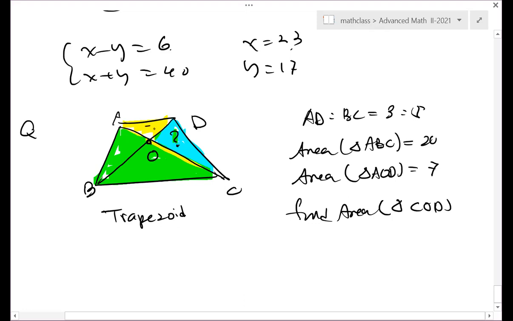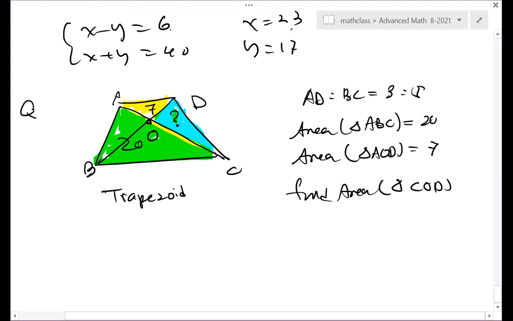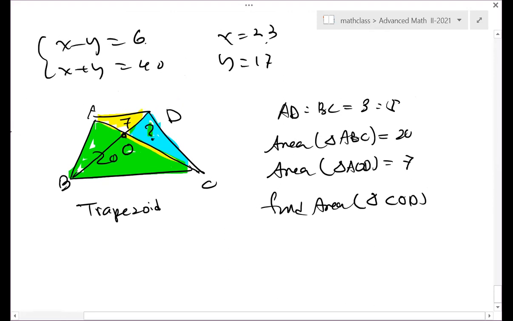This 7, that's 20. We are given the information AD and BC.